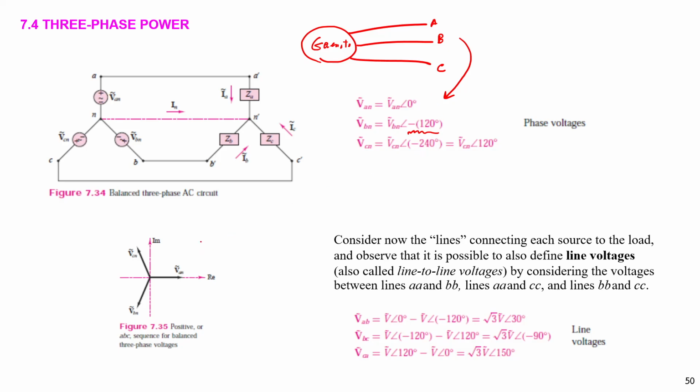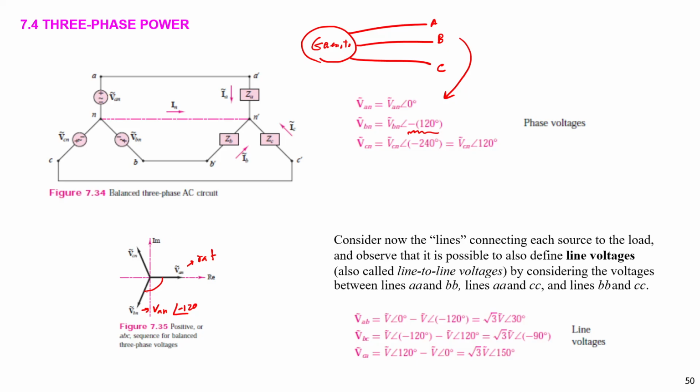And when we draw the phasor, usually we use phase A as reference. The reference angle is 0, right? And phase B is equal to VA lagging by negative 120, minus 120.